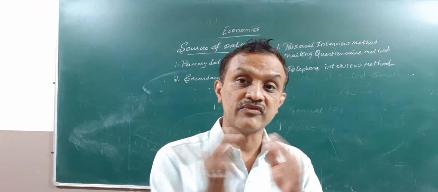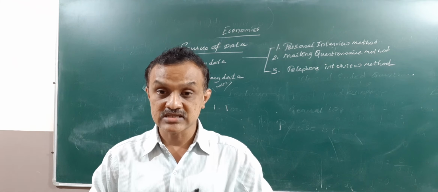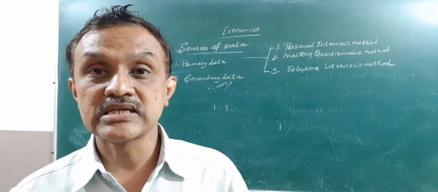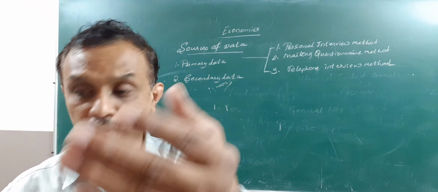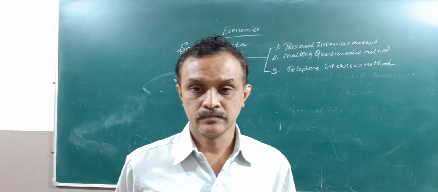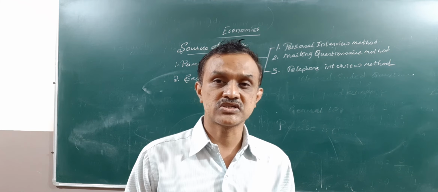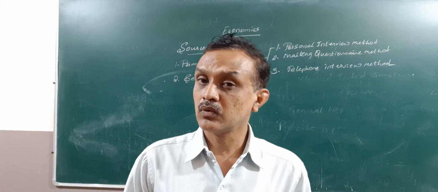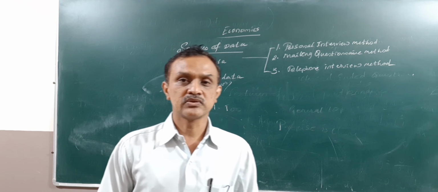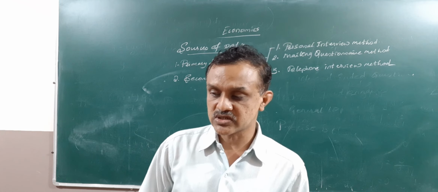You cannot get the exact answer you actually wanted, and sometimes the respondent may not respond to your call if he is not interested, and there might be network or connectivity problems. So these are the demerits of the telephone interview method.